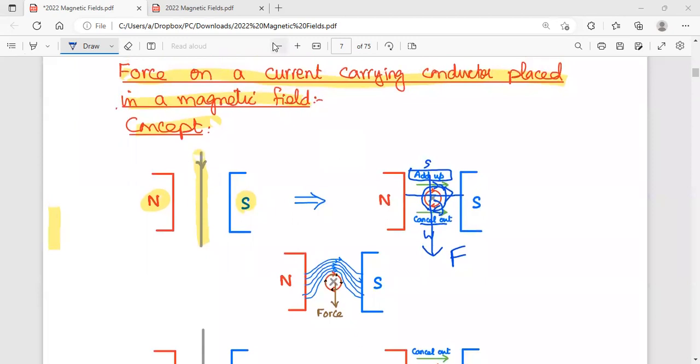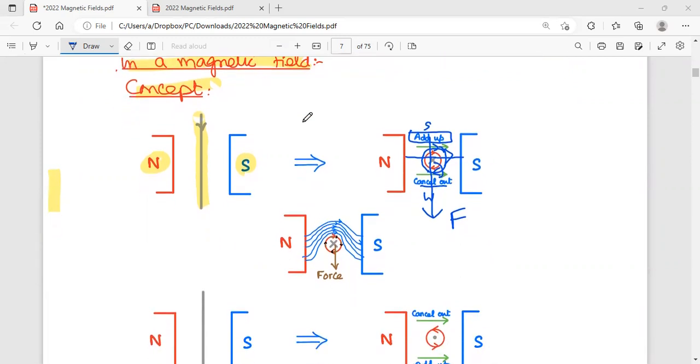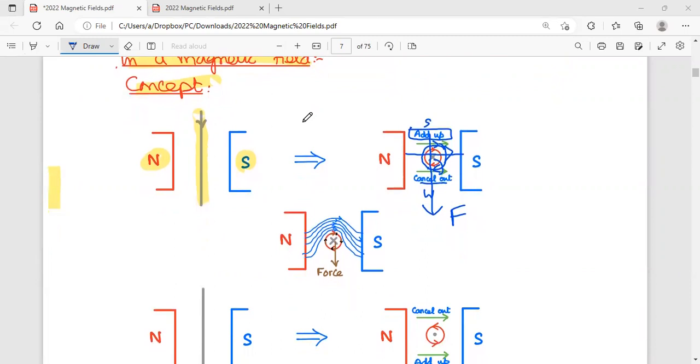Okay, so we were discussing the force on a current carrying conductor placed in a magnetic field, and we discussed yesterday that the main reason is the interaction of two fields.